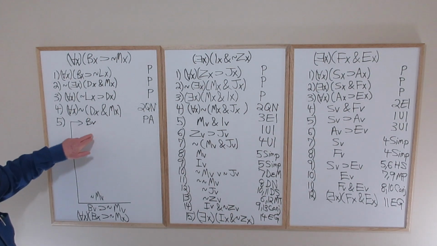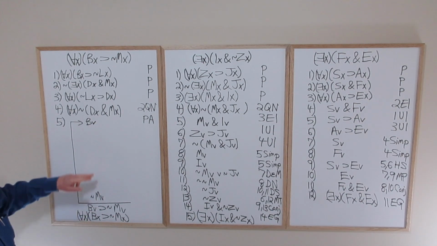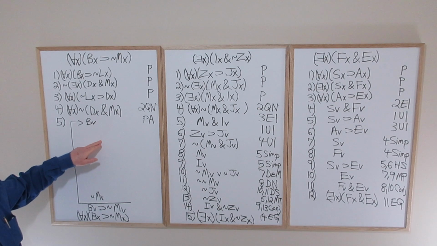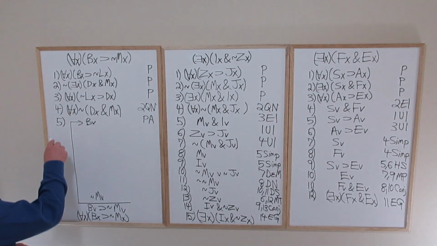So notice then, this is one of these cases where there's going to be a temporary restriction on doing UGs while we're still in the subproof, but we're not going to do the UG until after we've exited the subproof.